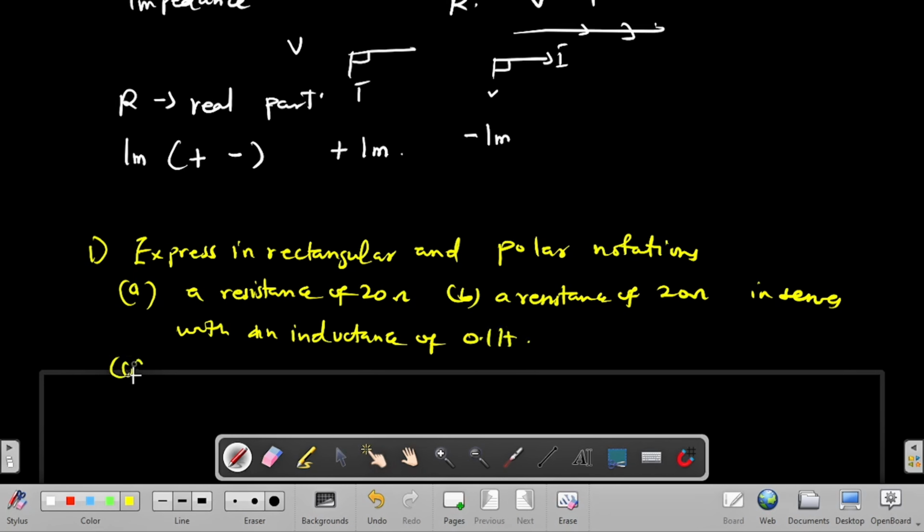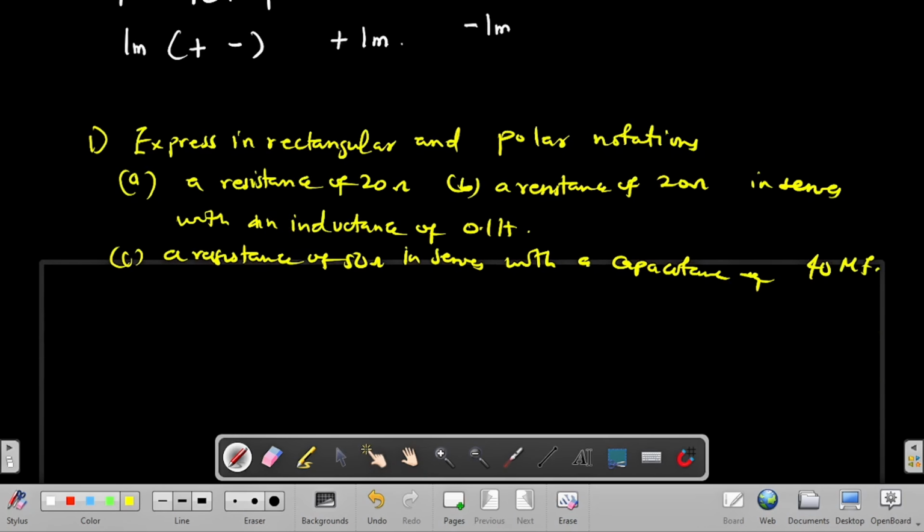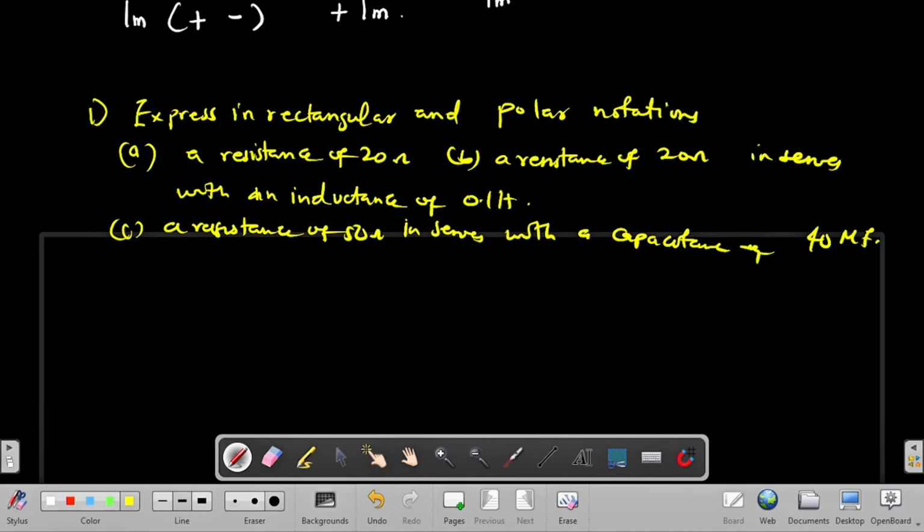C, a resistance of 50 ohms in series with a capacitance of 40 microfarads. So we've been given some impedances here, and we are supposed to represent them in both rectangular and polar notation using complex numbers.